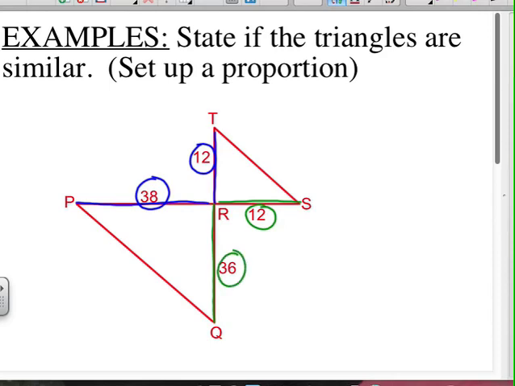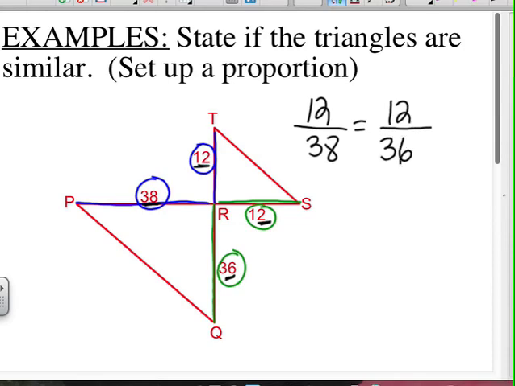Okay, now we're going to set up a proportion, and it's going to be small over big, small over big. So take a measurement from the small, 12, and who does he correspond to? We decided it was 38. That's small over big. Set it equal to small, again, this side is 12 again, over big, which is 36.